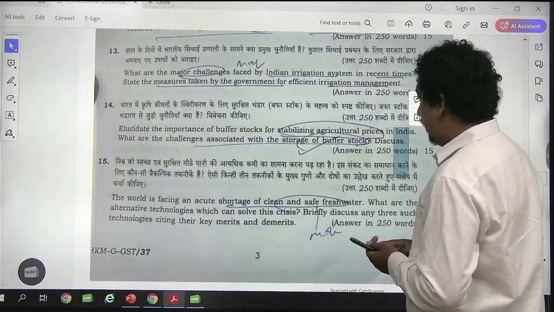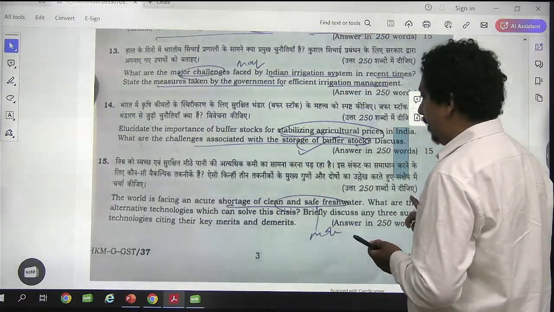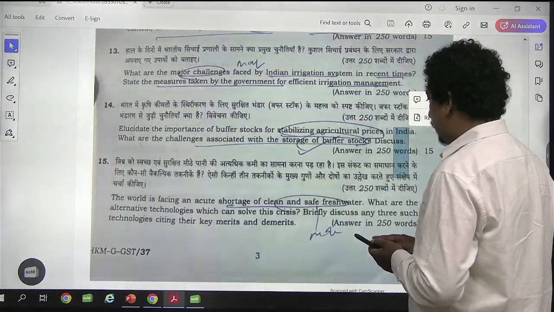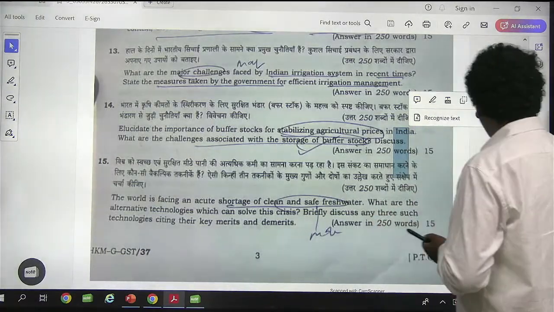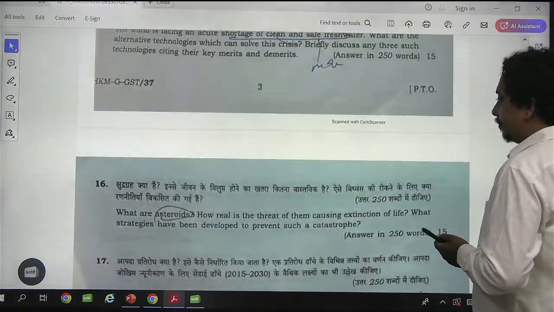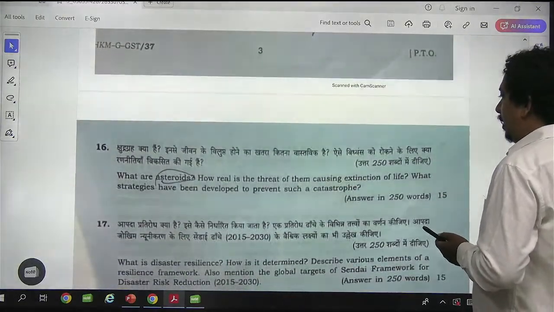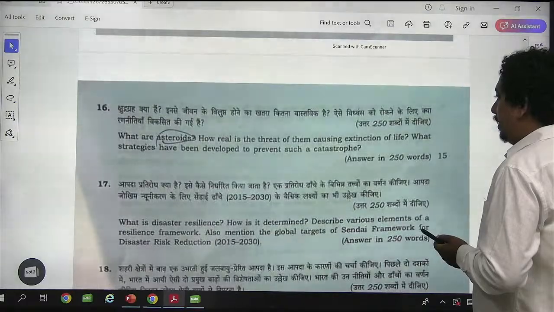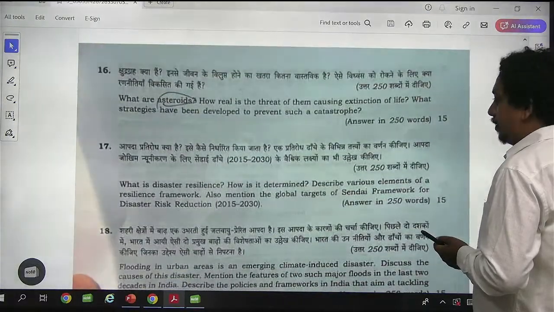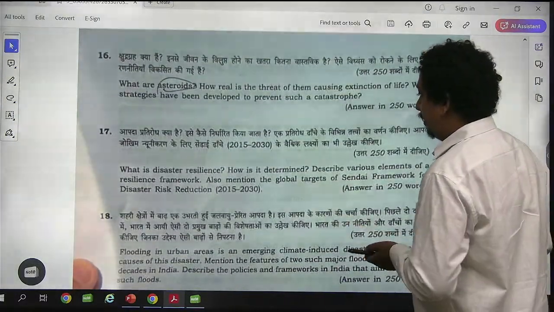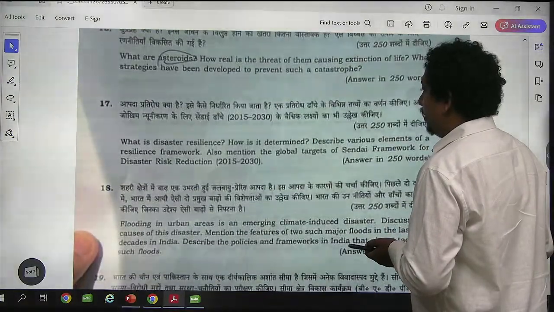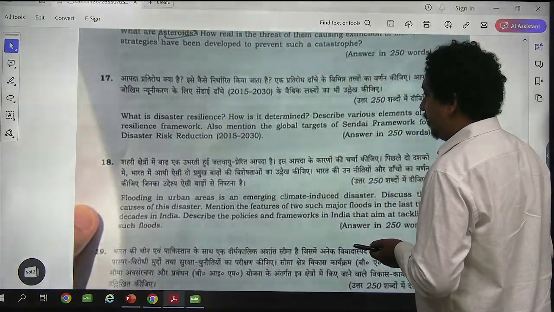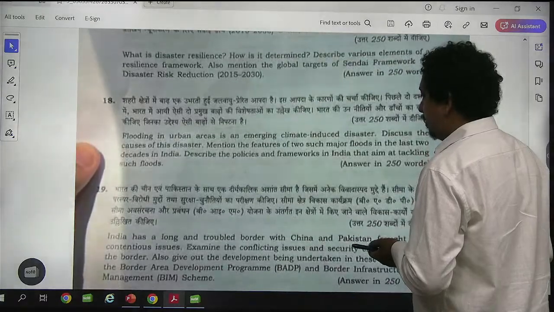The world is facing an acute shortage of clean and safe fresh water. What are the alternative technologies which can solve this? This is an environment-related question. What are asteroids? How real is the threat of them? This is also, I think, a science-related question. Disaster resilience, disaster management, flooding, it's also environment.